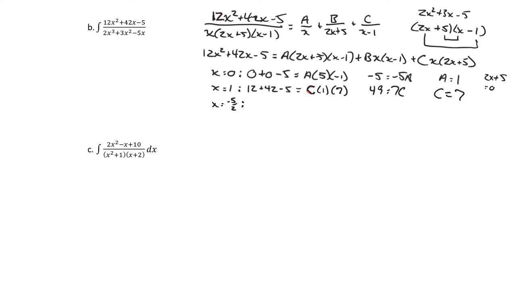So I'm going to do this one a little more slowly. 12 times negative 5 halves squared would be 25 fourths. 42 will be multiplied by negative 5 halves, and then minus 5. Any term that has a 2x plus 5 in it will be eliminated because it will be equal to 0. So the very first term will be eliminated, as will the very last term.